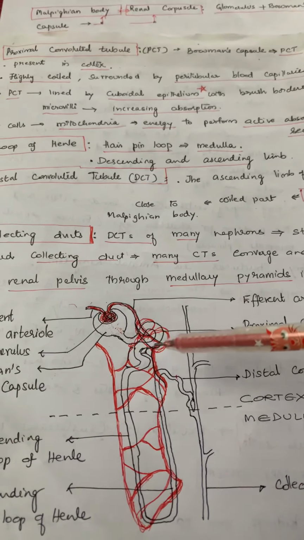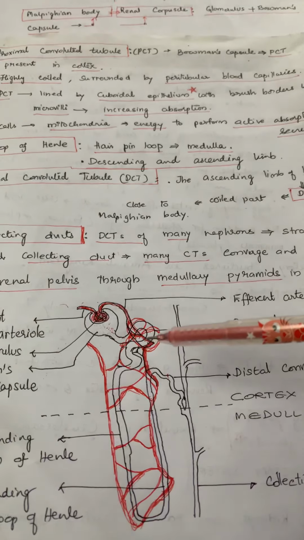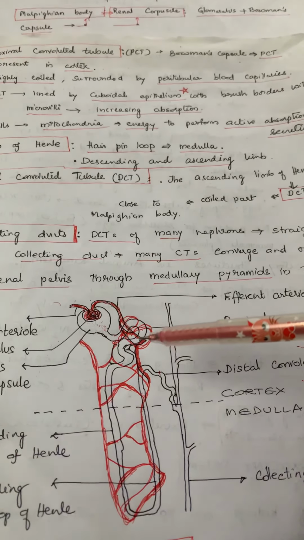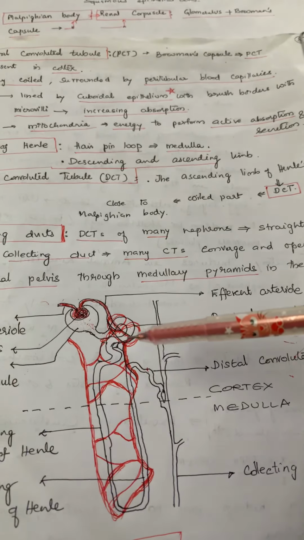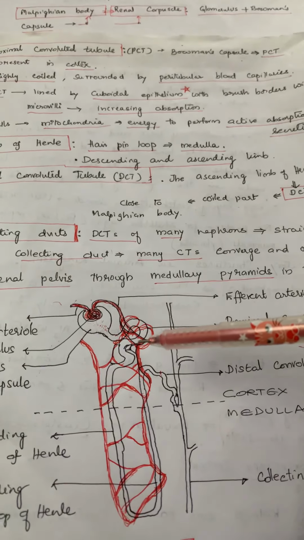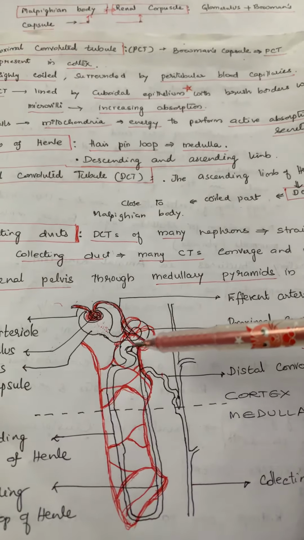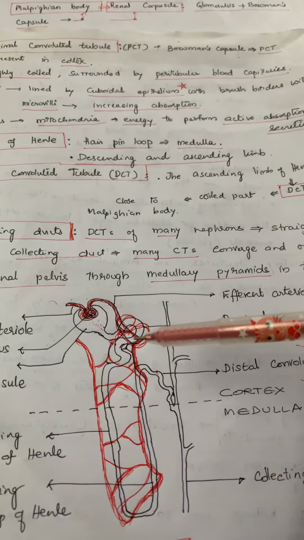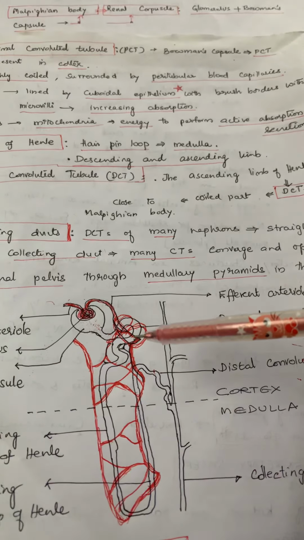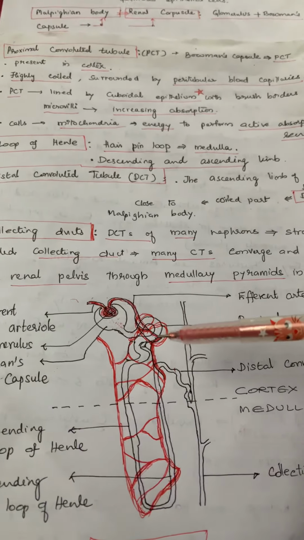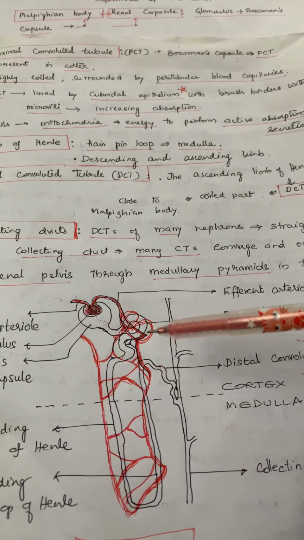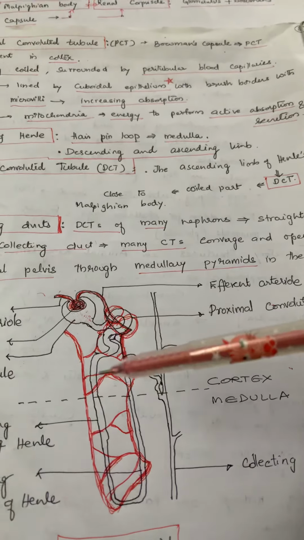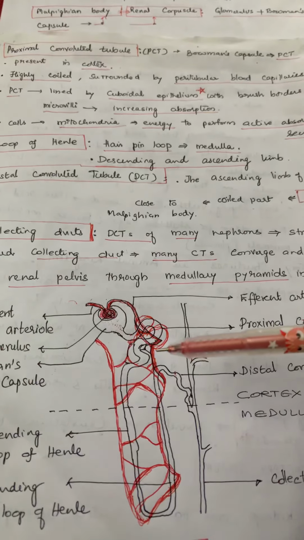This PCT is lined with cuboidal epithelium with brush border cells provided with microvilli, which increase the surface area for absorption. These cells also contain mitochondria because energy is needed to perform active absorption and secretion into the tubule.